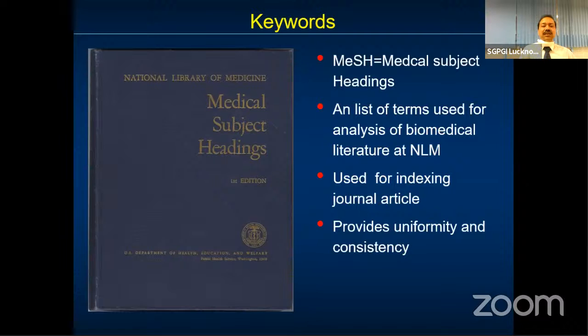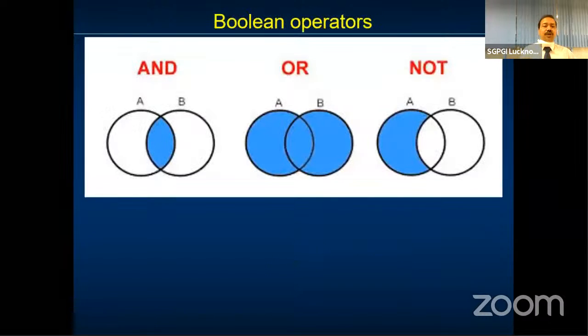The article writes these keywords from the medical subject heading words. Why does it write that? It writes that because it wants that whenever somebody puts those words in PubMed or any other search engine, this article should be captured by that search. So that's why you use keywords and the medical subject heading words.